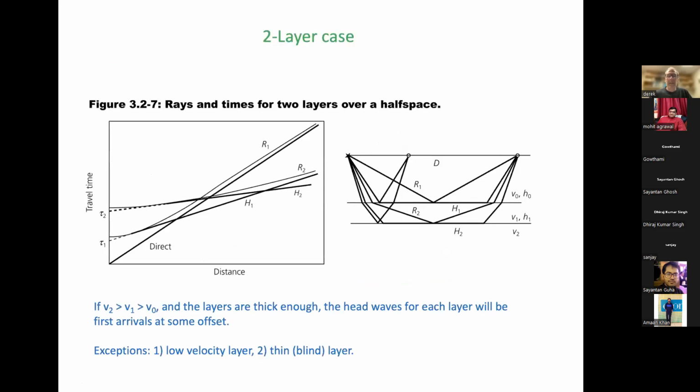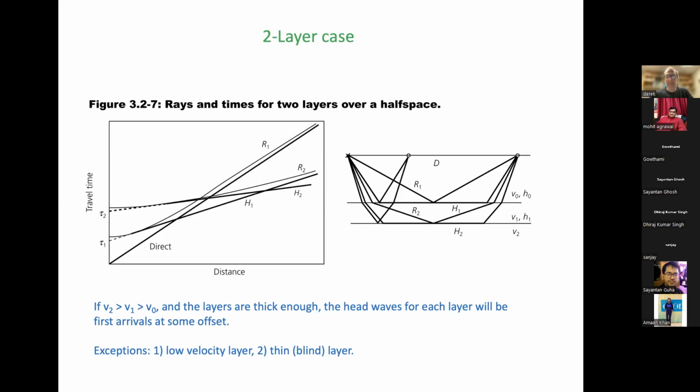Now, if I have 2 layers, then I have the direct wave, the first head wave, and the second head wave. And it has this sort of geometry here. So if V2 is greater than V1, and that's greater than V naught, and the layers are thick enough, the head waves for each layer will be first arrivals at some offset.